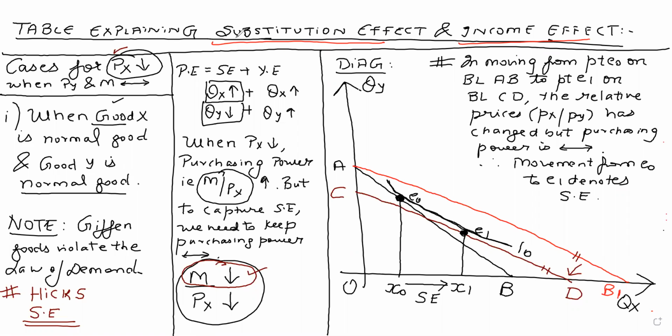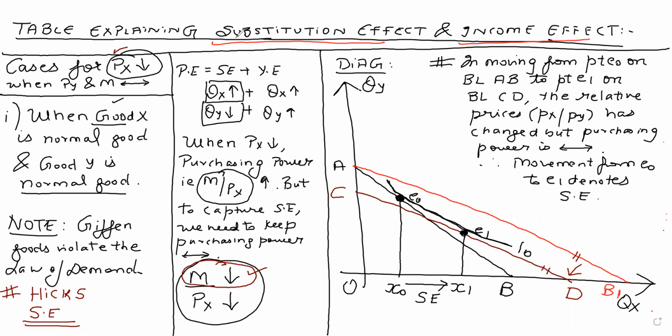And then, guys, how do we capture the income effect? According to Hicks, whatever income was taken away from the consumer to capture the substitution effect, you give the consumer back that income. Very simple. To capture the substitution effect, I had taken away some income from the consumer, so we were on the budget line CD. Now I give that income back to the consumer.